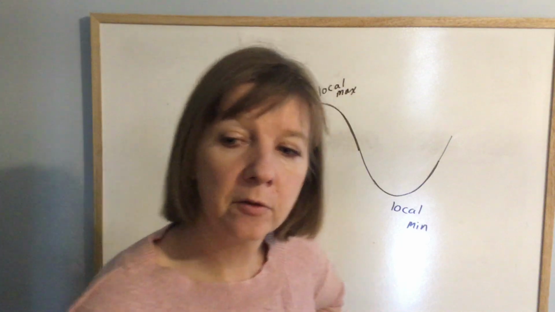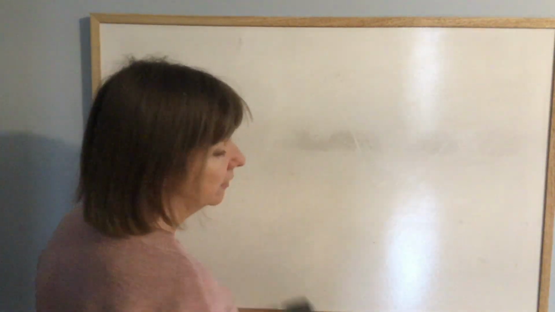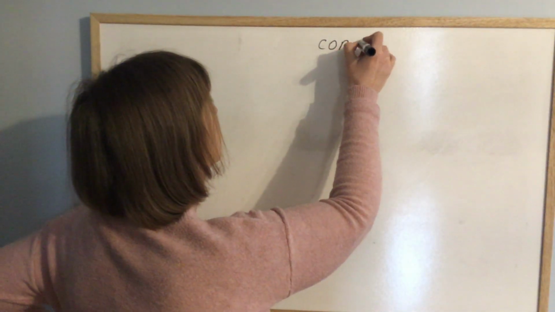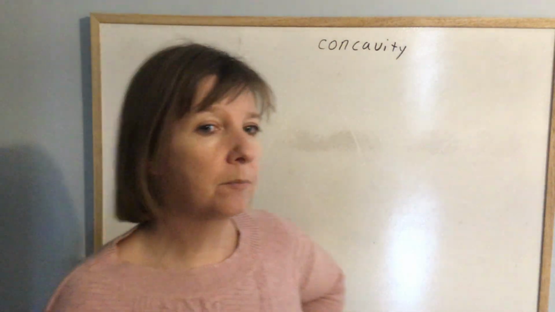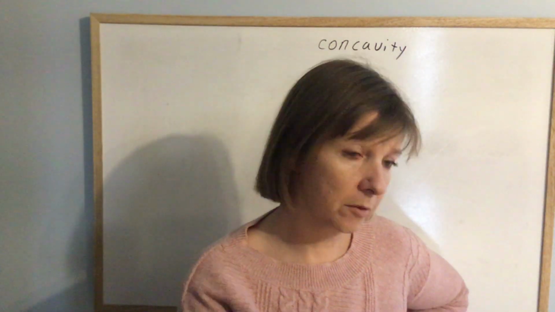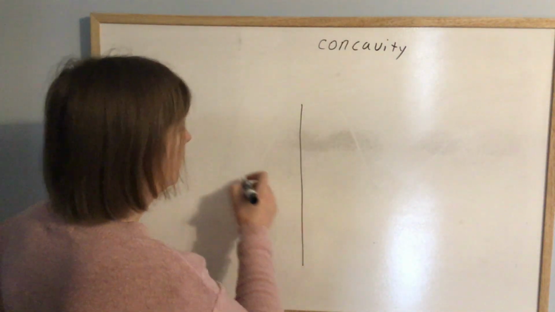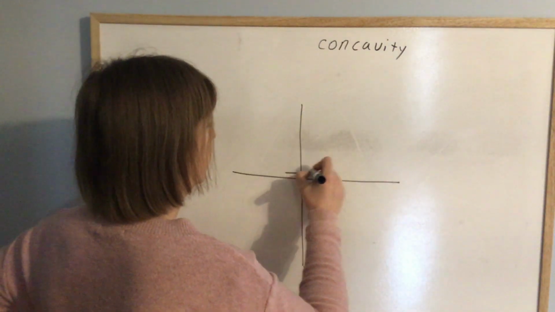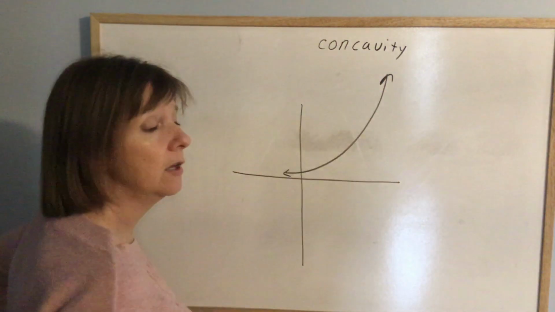One of the other things we want to talk about is the idea of concavity. Basically, is something concave up or concave down? Let me show you what I mean. If you have a graph that does this, that graph is always increasing.